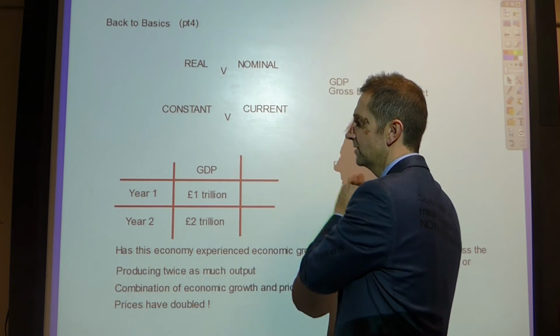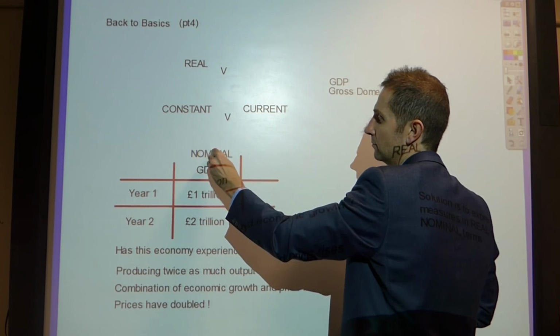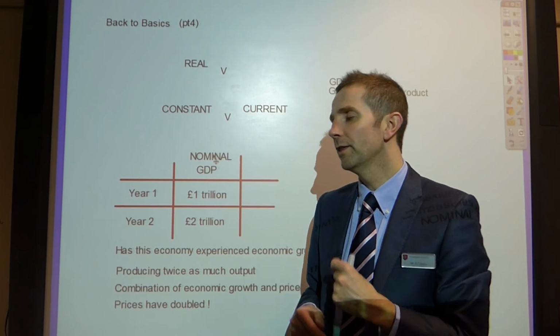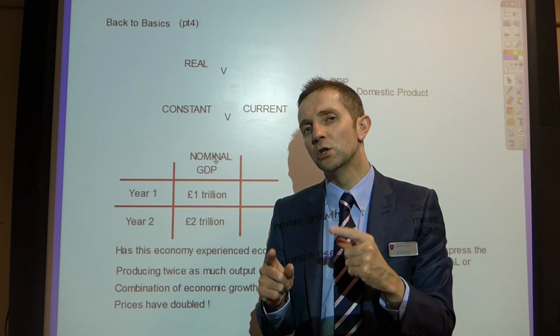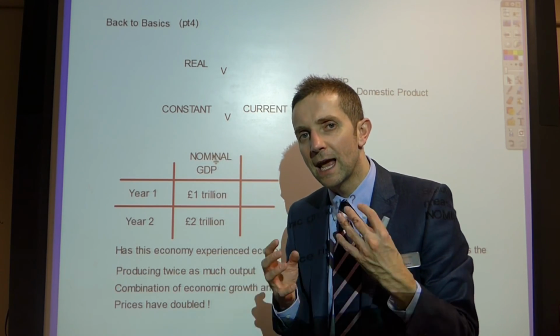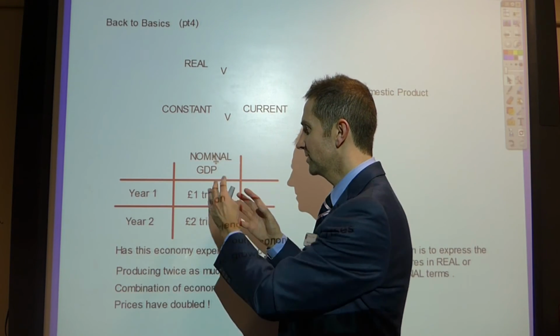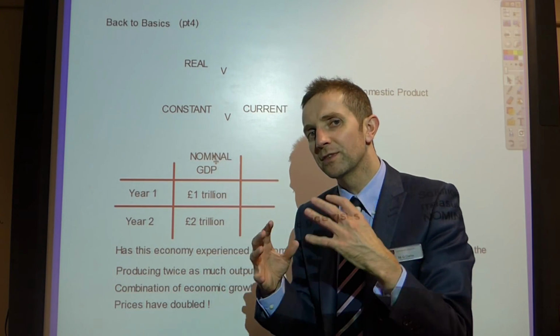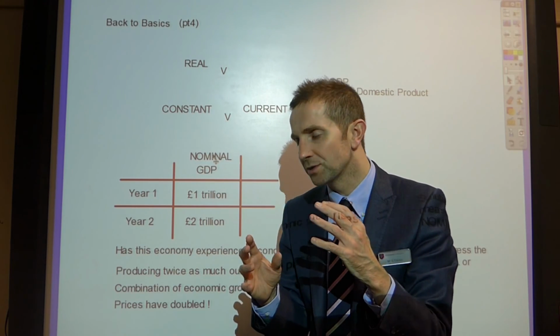If this said nominal rather than real, nominal GDP, well, that presents me with a problem, because nominal does not strip out the inflationary element. So nominal is telling me, okay, we may have a little bit of economic growth here, but some of this could also be due to price rises.